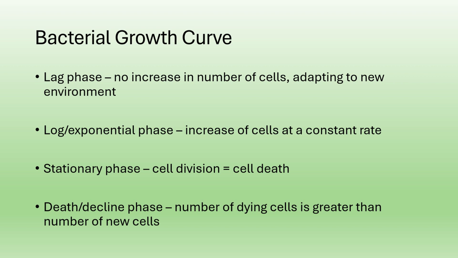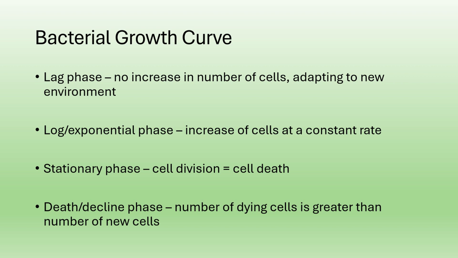After they have adapted to that environment, then you get this large increase in the number of cells. They're increasing at a constant rate. This is known as the log phase. Some people refer to it as the exponential phase because the cells are growing exponentially.